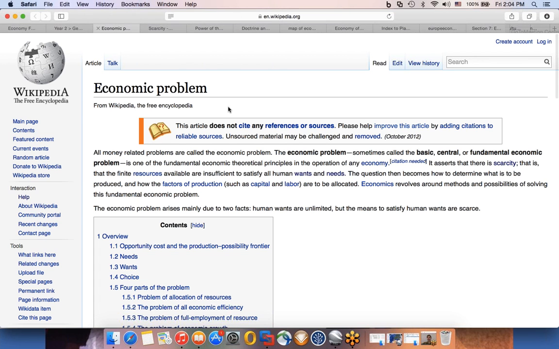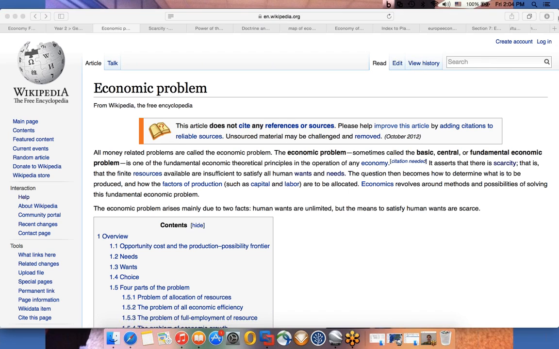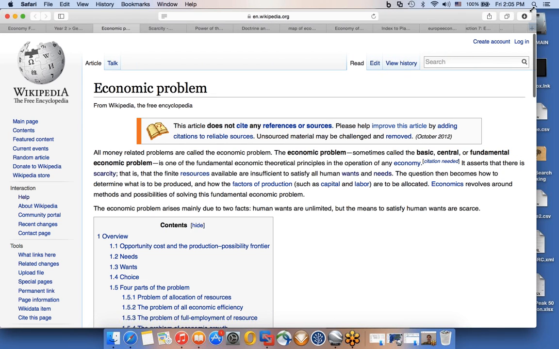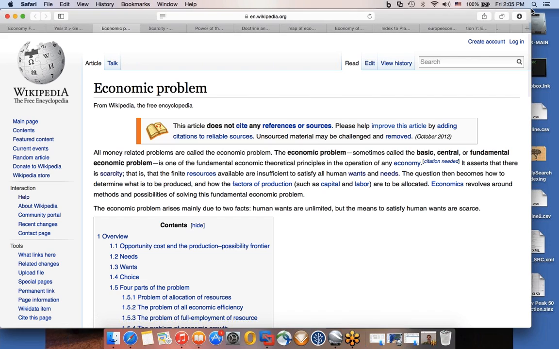So to start, here we have in Wikipedia an article about the economic problem. This article has some very important information, so I'm going to read the first paragraph about what the economic problem is, because all money-related problems are called the economic problem.